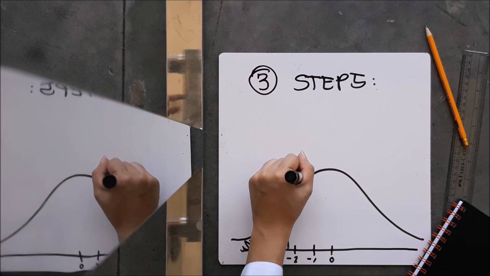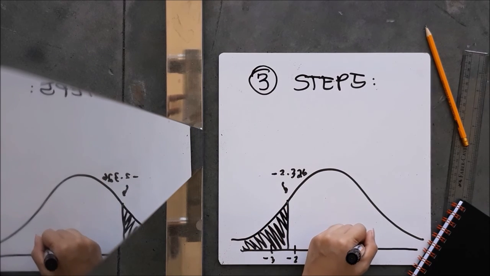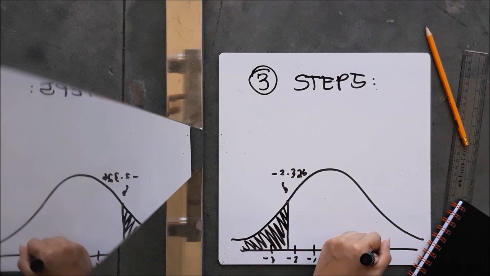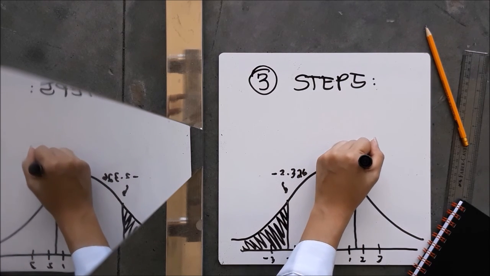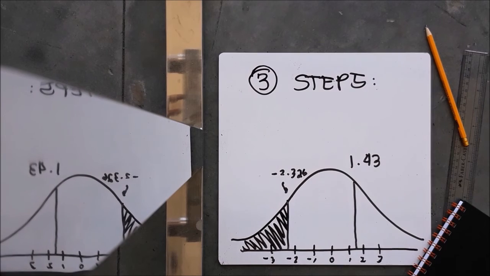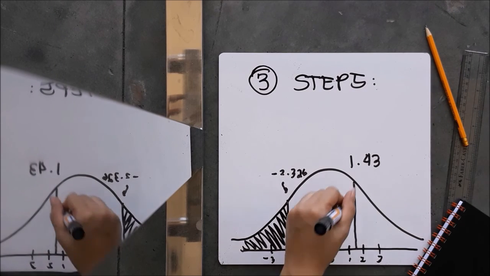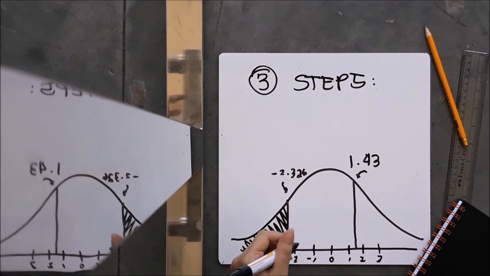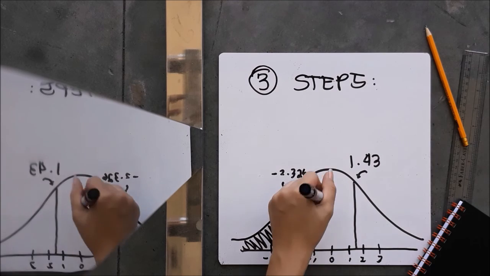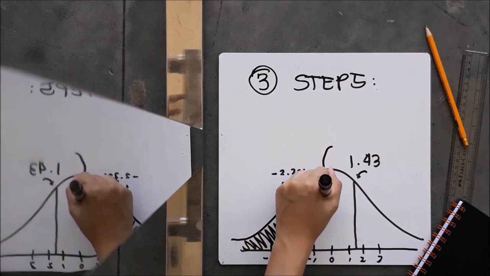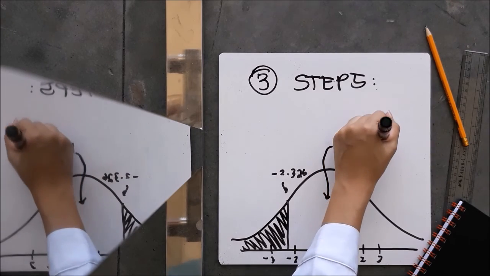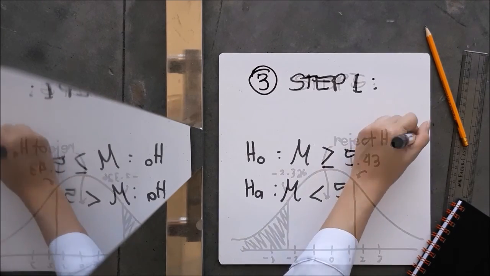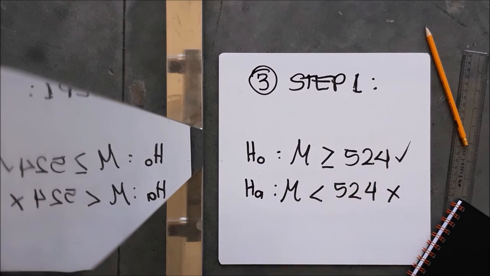Now, plot or draw a line to the point 1.43. The line or the score is not in the rejection area, therefore, we accept H0 and reject HA.